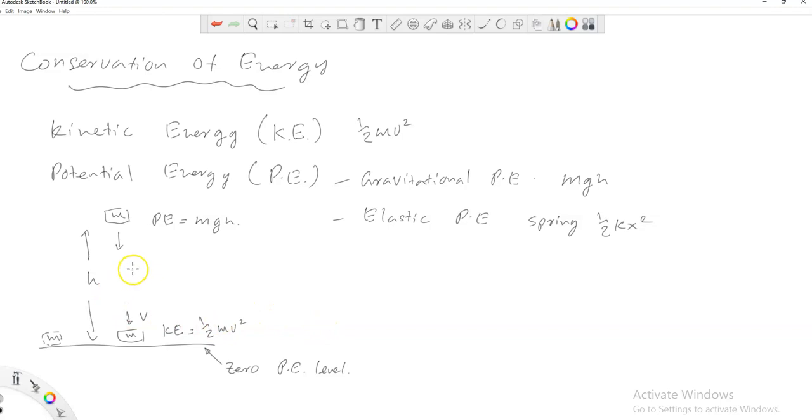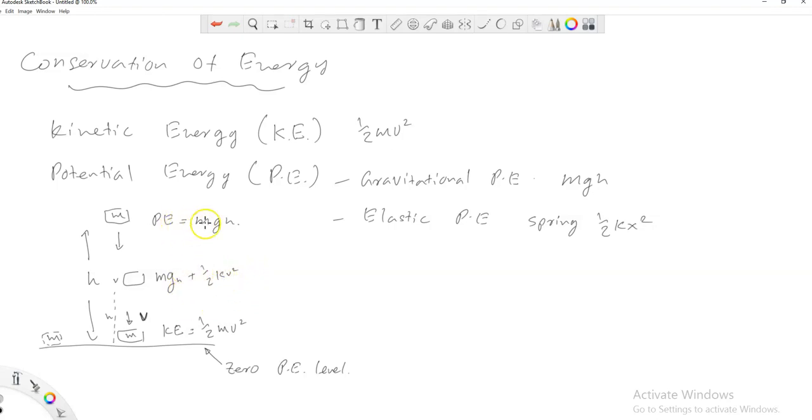If you think about some place in between, like somewhere here, it still has some potential energy because it has some smaller height. So we can say mg little h. It has a little bit of potential energy, plus it's not as fast as it is over there, but it has some velocity, plus half m little v squared, right?